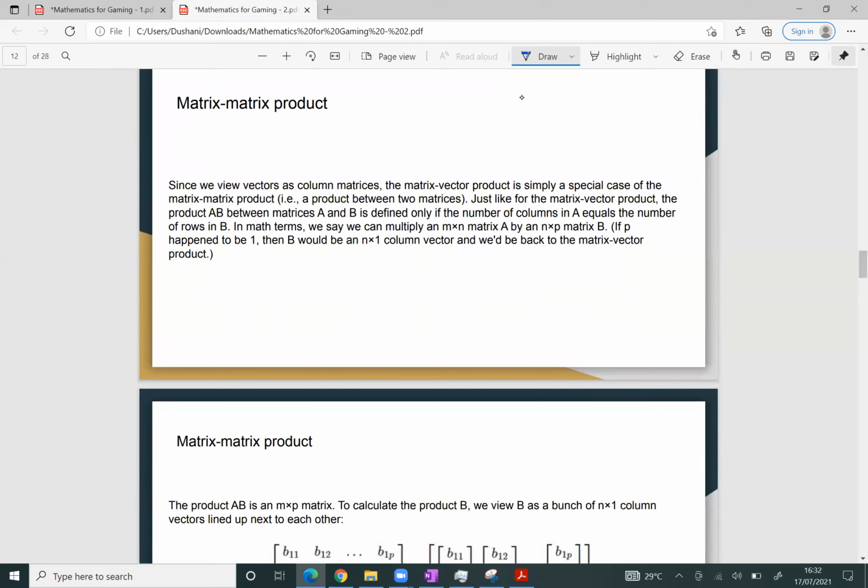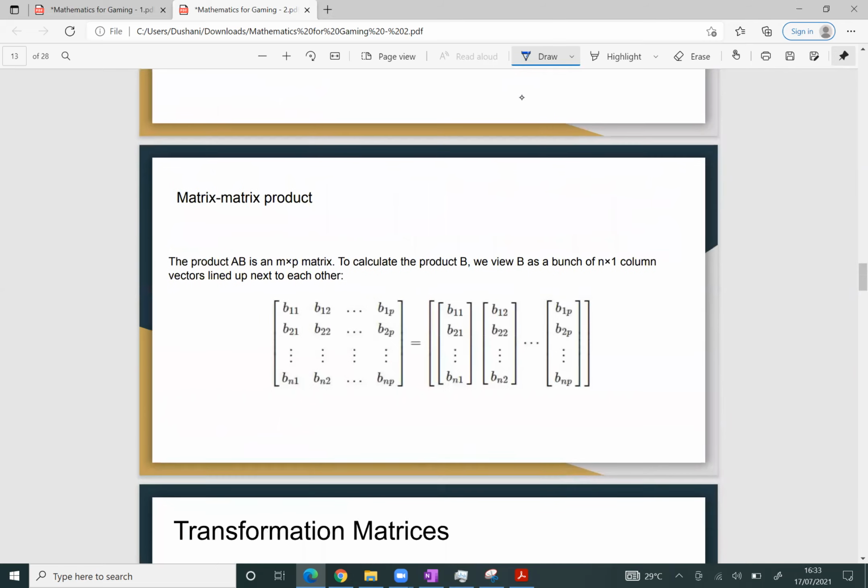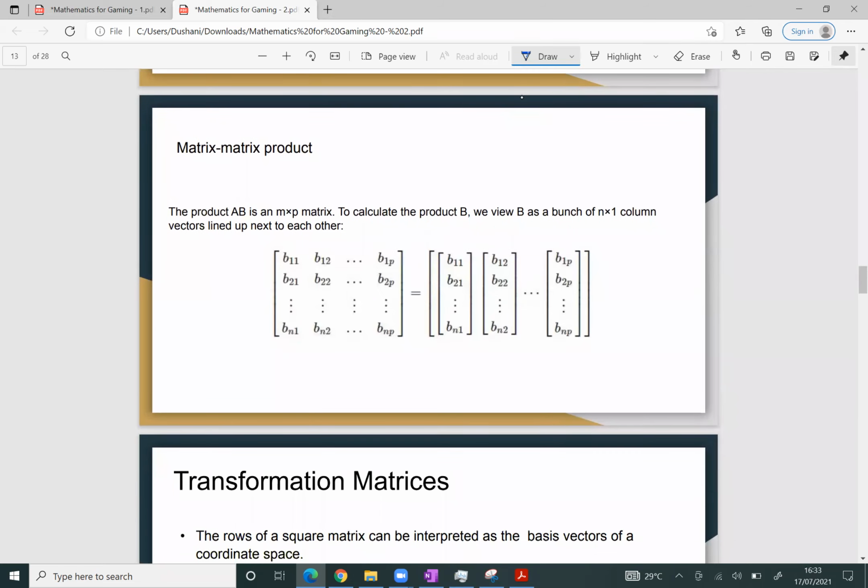Now we come to matrix multiplication. So here, what we basically do is, in the matrix, you simply view the columns in the matrix just like how you looked at vectors in the previous matrix vector product.